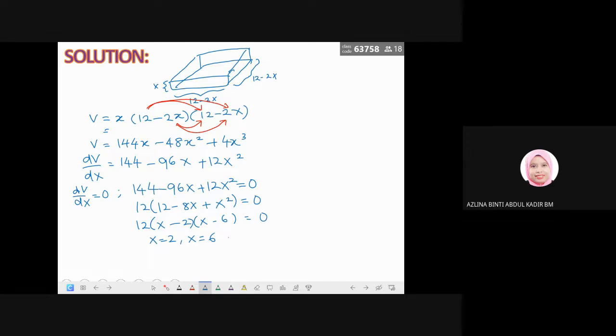Then by the second derivative test, that means you differentiate again. d squared V/dX squared is equal to, from this one, negative 96 plus 24X.